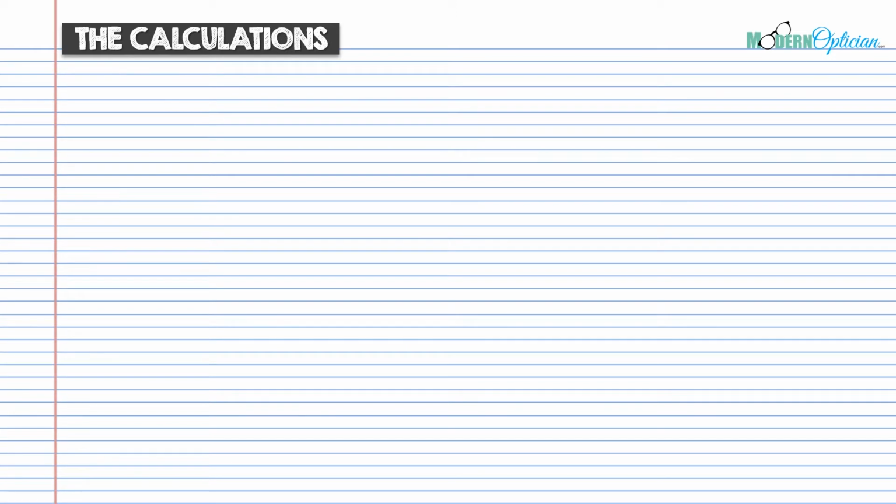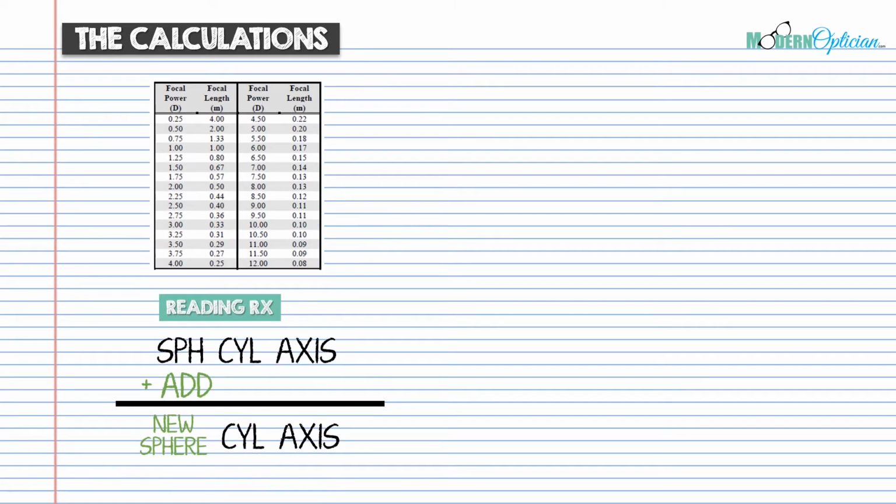And before we jump into actually calculating a few examples, let's look at the exact equations that we're going to use. And I still want to refer to that table that we talked about with the focal power versus focal length.